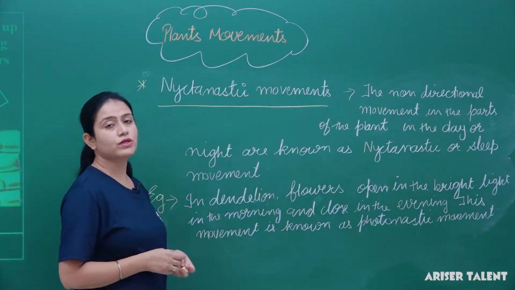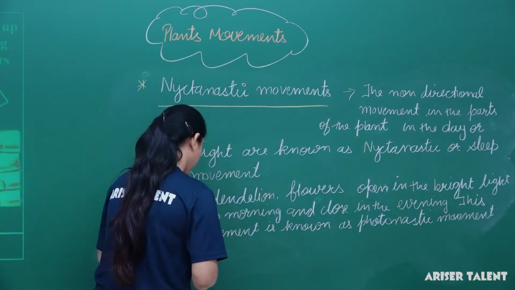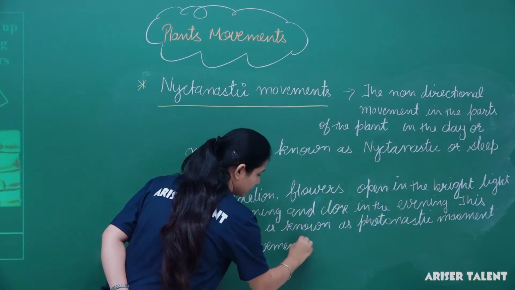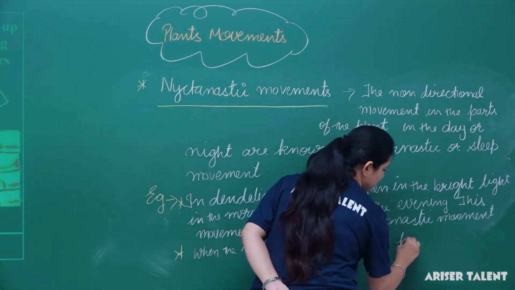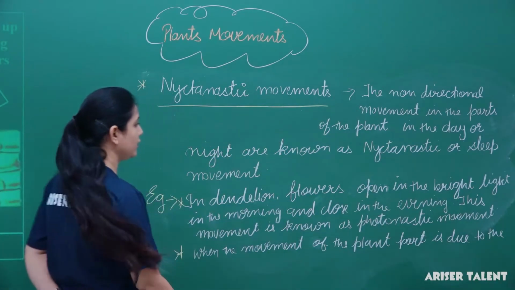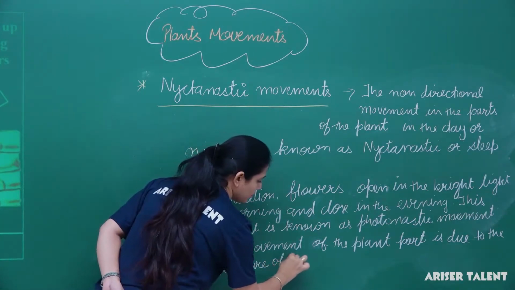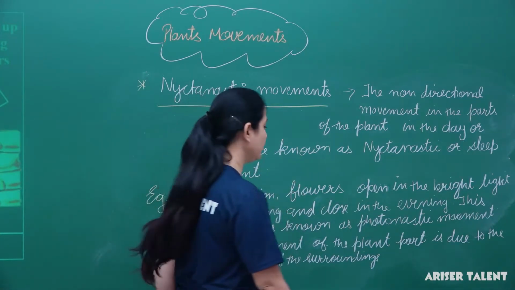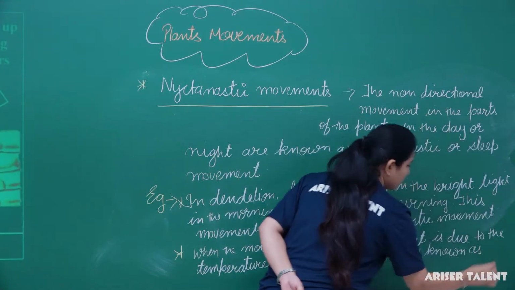Such kind of movement, where the movement of the plant part is due to the temperature of the surroundings, is known as thermonastic movement.